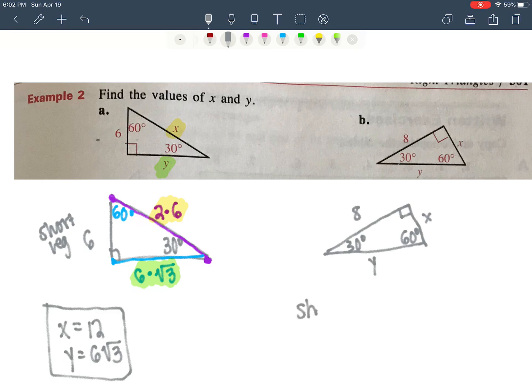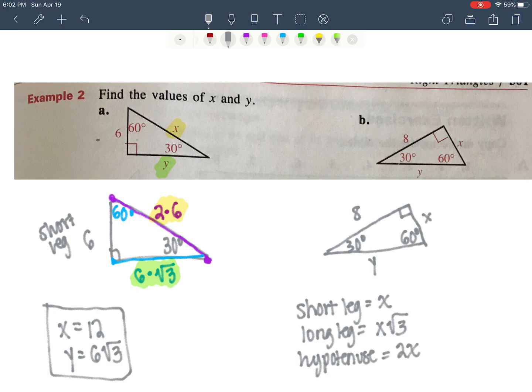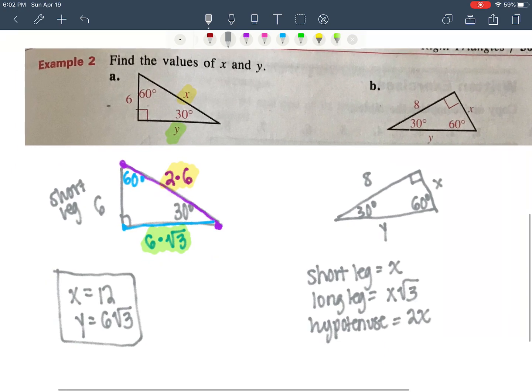So my short leg is equal to X. The long leg is going to be X times the square root of 3, and the hypotenuse is 2 times X. The hypotenuse is Y, and the long leg is 8, and the short leg is X.